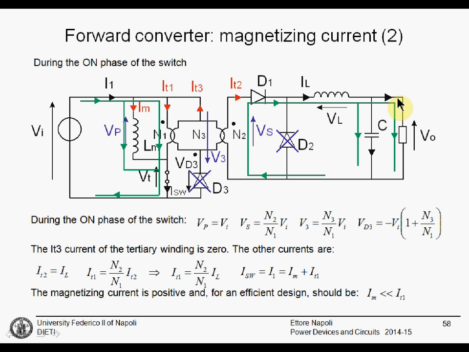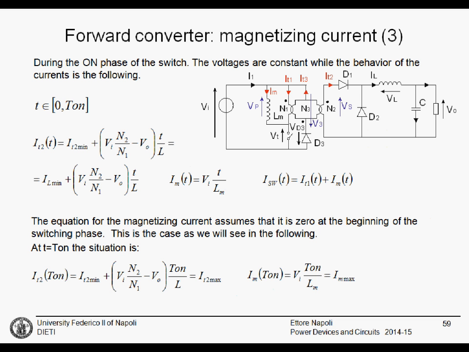The IL current obviously will provide the charge to both the load and the output capacitor. In quantitative terms, during the on phase, the voltages are constant through the circuit, while the currents are changing more or less.